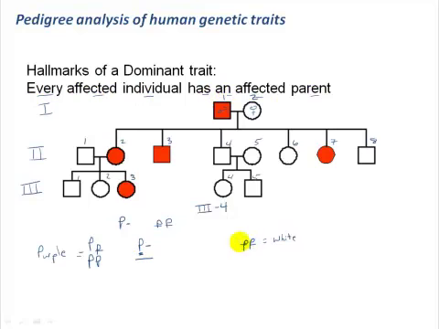The same is not true for a recessive trait. Think back to Mendel's experiment. How did we get in that F2 generation individuals showing up with those white flowers? Well, it was because two heterozygous individuals had been crossed to one another, and if we look at that pedigree, we know that we expect 1/4 of the time that we're going to end up with the homozygous recessive genotype, and that's going to be associated with the recessive phenotype.